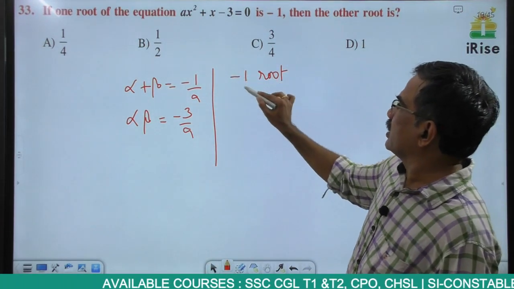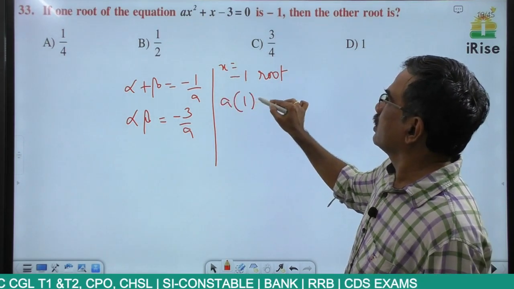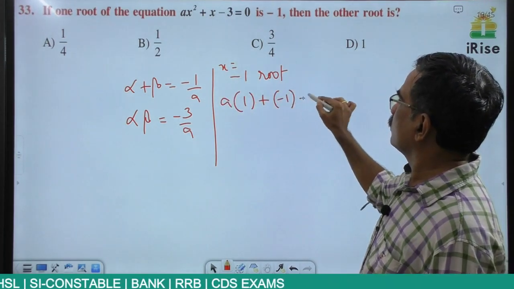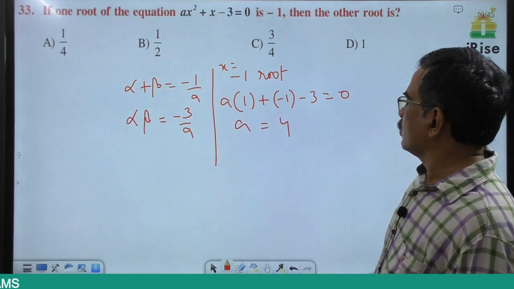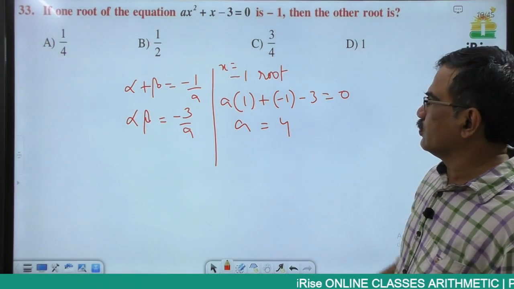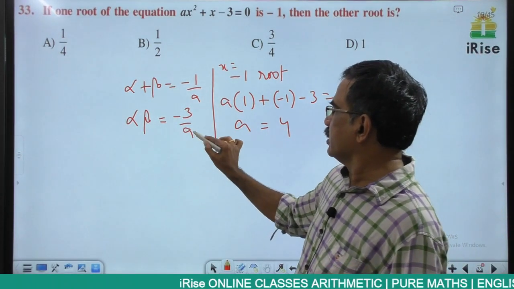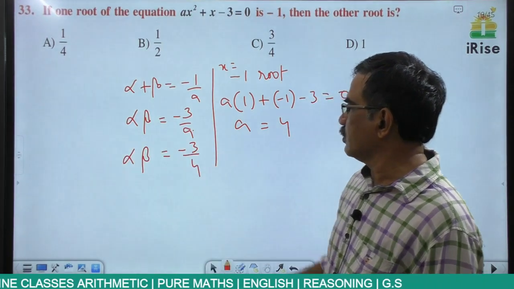Put x is equal to minus 1, then we get a into 1 plus 1 minus 3 is equal to 0. So a is equal to 4. If a is equal to 4, alpha into beta is equal to minus 3 by 4.